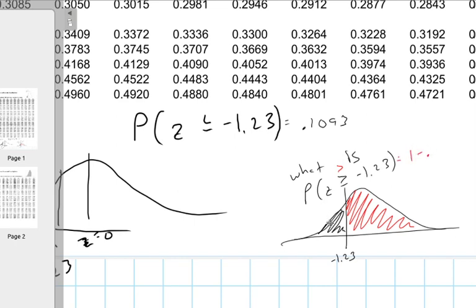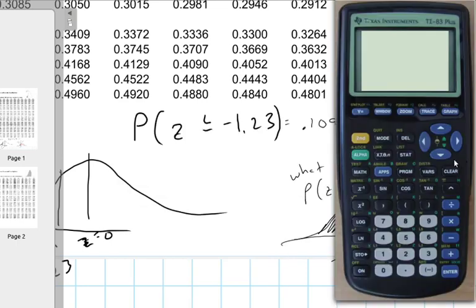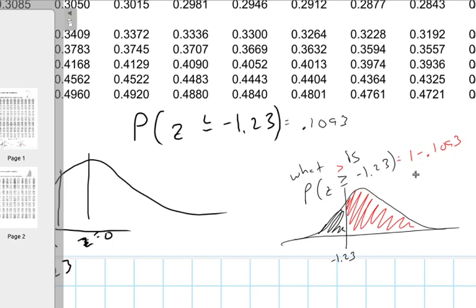I know the probability it's less than negative 1.23 is 0.1093, so the probability it's greater than or equal to is right here, and let me pull over to my calculator. 1 minus 0.1093 is 0.8907. So the probability of being to the right of negative 1.23 is there. The probability of being to the left of negative 1.23 is there.